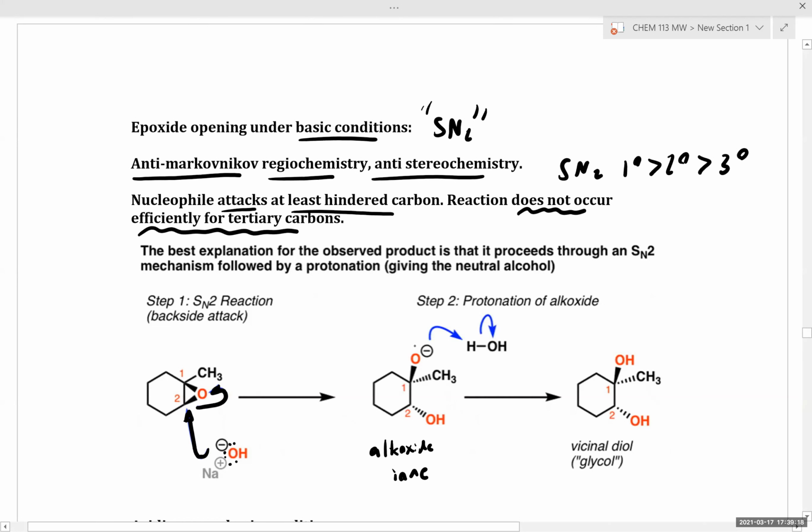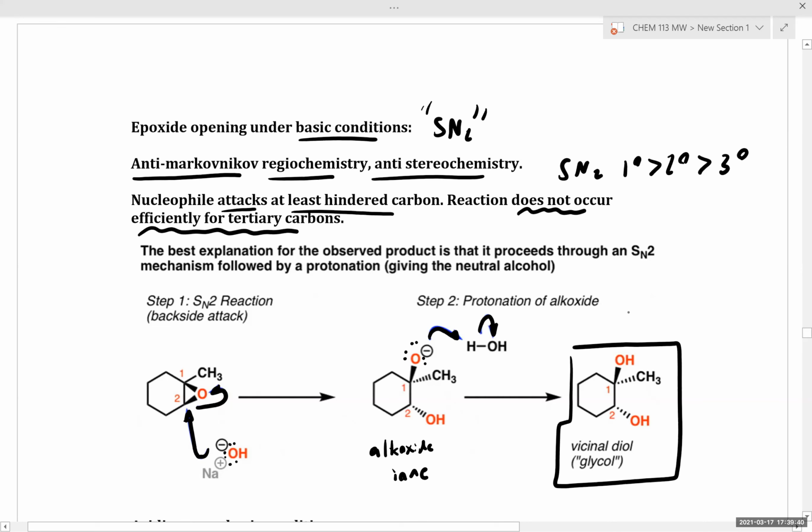So in this case, we're just showing the protonation of the alkoxide ion. And that in turn generates our anti-diol or trans diol.